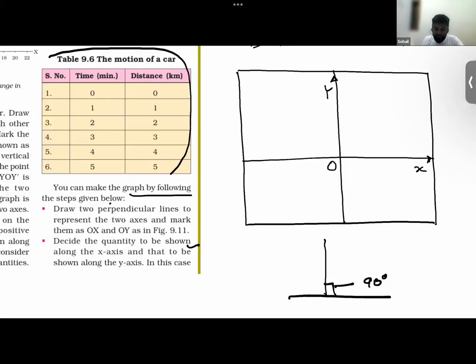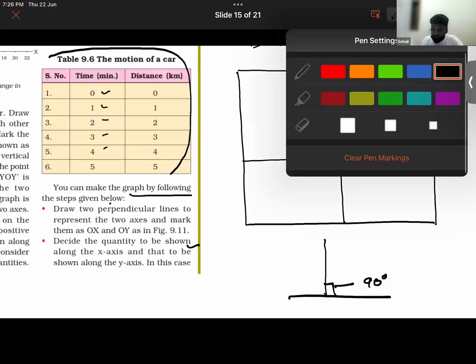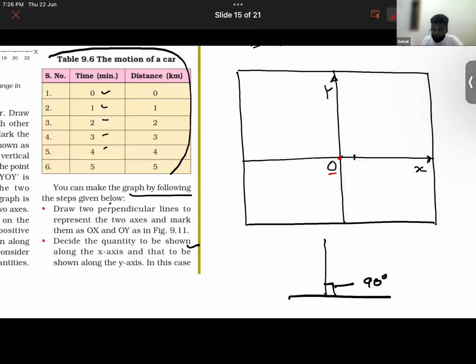The time is given 0, 1, 2, 3, 4, 5, 6. So pretty simple. 0 is this one, the origin point, so no need to mark 0. We'll start from 1, then 2, 3, 4, 5, 6, and so on.